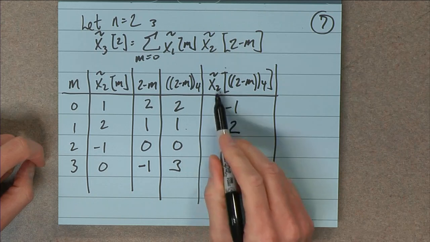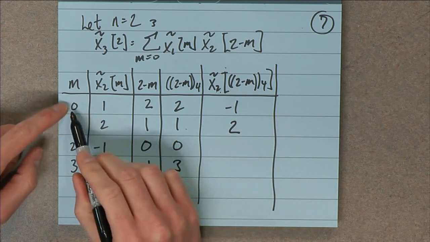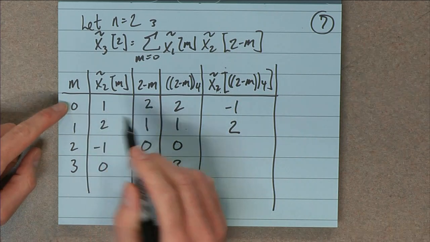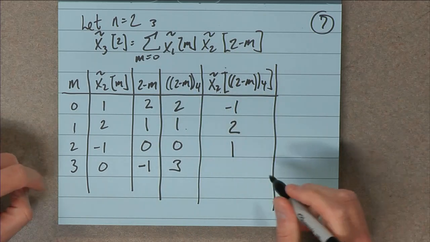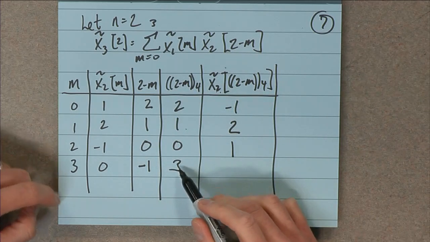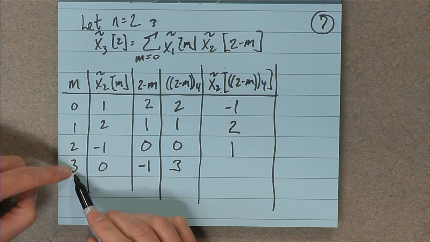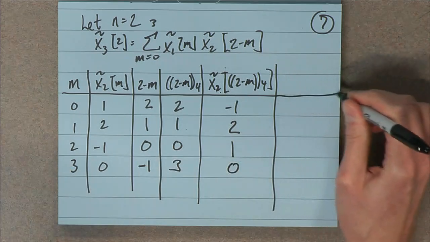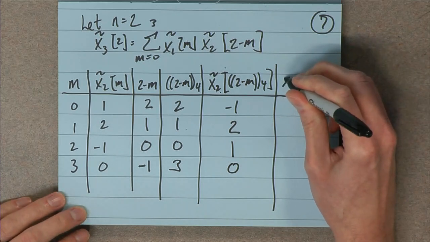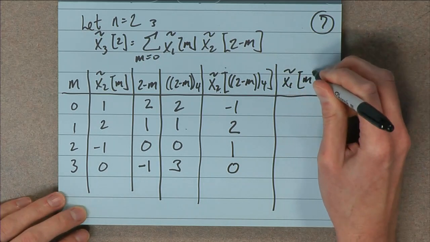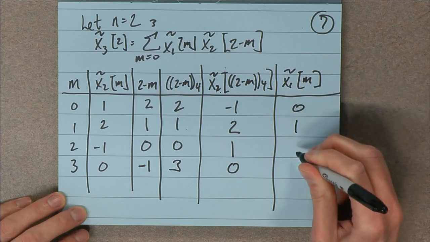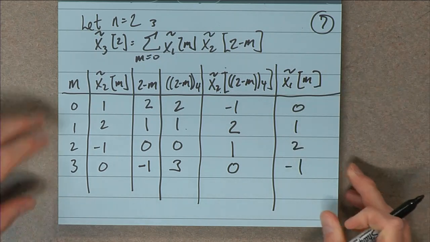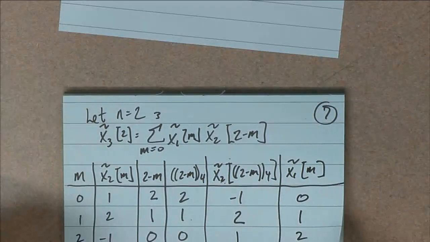Next value is 0. x2 of 0, that's easy, it's at the top. x2 of 0 is just a 1. And our very last one, x2 of 3, it's at the bottom of the table, that's easy. When m is 3, x2 is 0. And then just to make our lives very easy, we can just recopy this down. And now we just multiply these two columns to get that final answer.